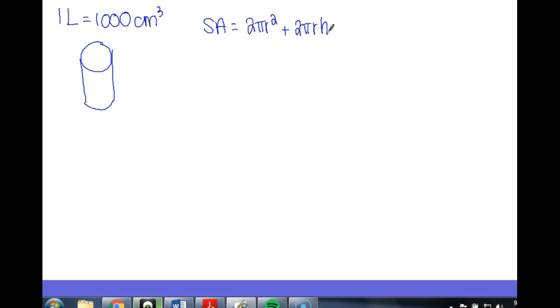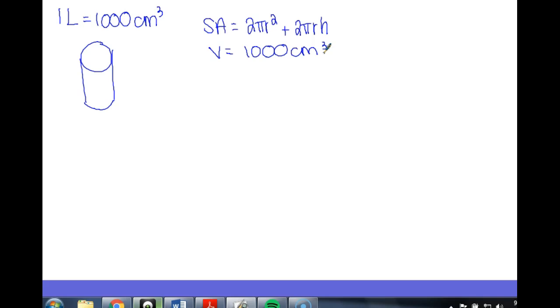So we said volume is given. I know it needs to hold 1 liter. 1 liter is 1,000 cubic centimeters. So I know the volume has to be 1,000 cubic centimeters. So what's the volume of a cylinder? It's area times height.